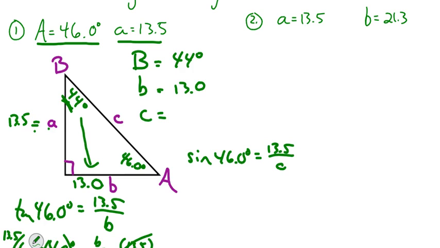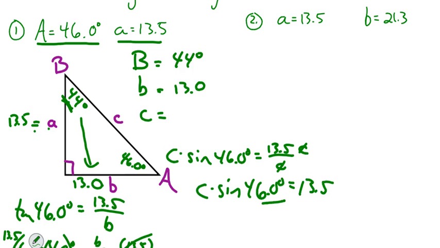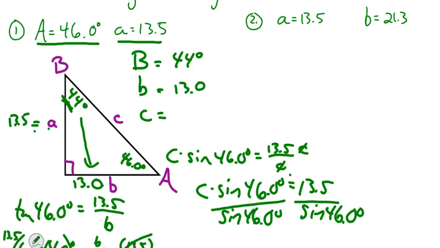By the way, there's a little more work if your unknown side is in your denominator. Multiply both sides by c, and then what? I have an extra step to do. The sine of 46 degrees times c equals 13.5. I'd have to divide by the sine of 46 degrees. So my answer for c should be 13.5 divided by the sine of 46 degrees.